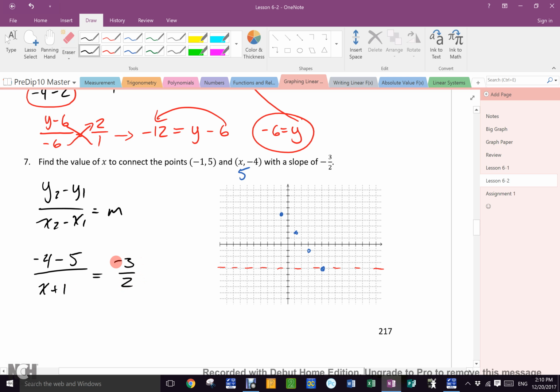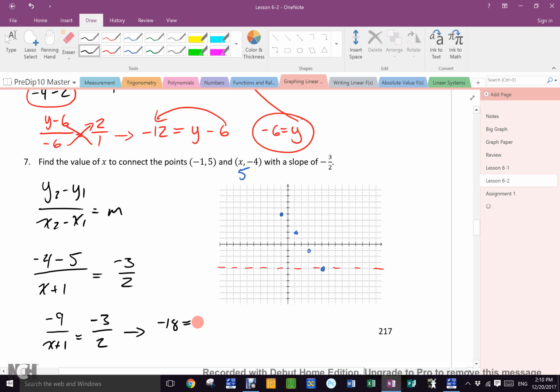What do you do every time in math ever that you have fraction equals fraction? Right, but shouldn't I tidy this up first? Yeah. What's negative 4 minus 5? Negative 9. Negative 9 over x plus 1 equals negative 3 over 2. What's 2 times negative 9? Negative 18. Negative 18 equals, what's negative 3 times x?